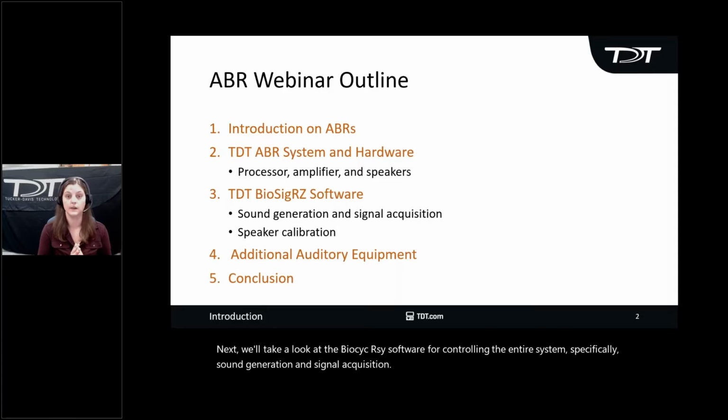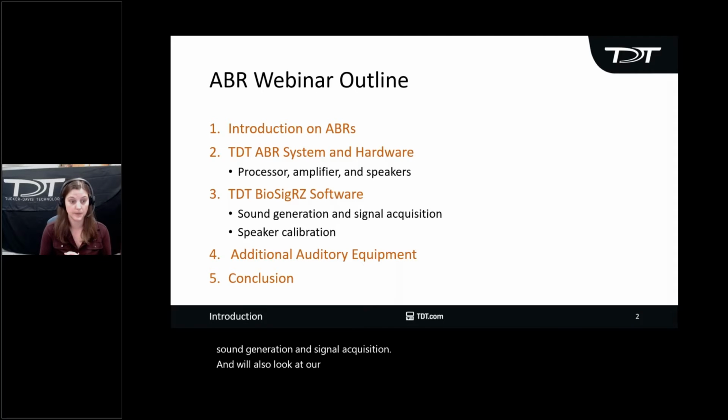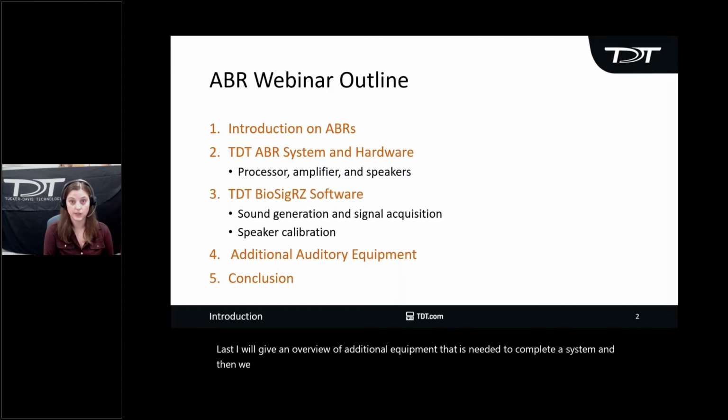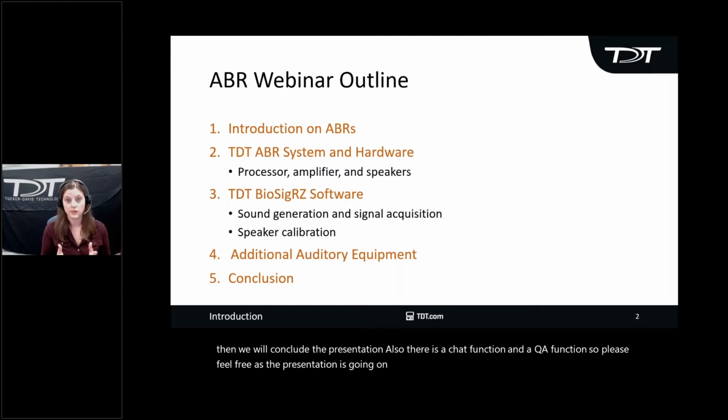And we'll also look at our speaker calibration capabilities. Last, I will give an overview of additional equipment that is needed to complete the system. And then we will conclude the presentation. Also, there is a chat function and a Q&A function, so please feel free, as the presentation is going on, to enter your questions, and we will address them at the end of the presentation.